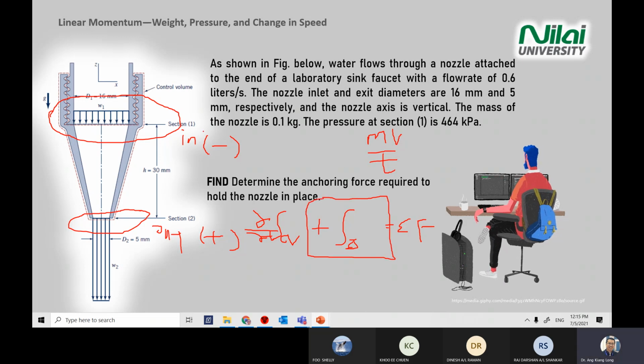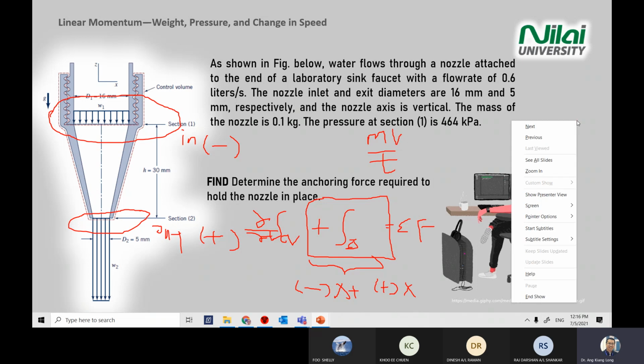You have one input, one output. So when you answer this, it will give you negative something plus your output. Okay, so this is all the concept before you start answering the question.